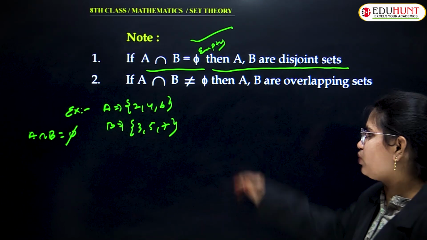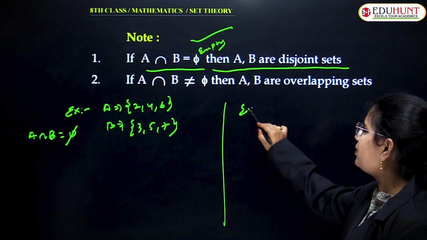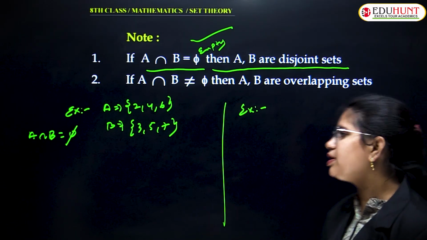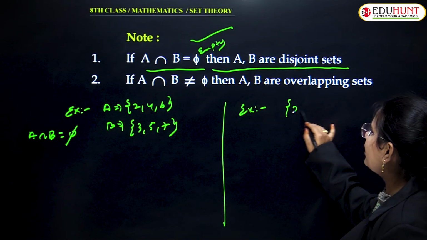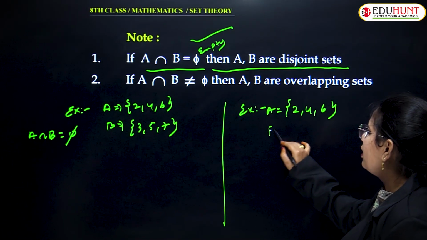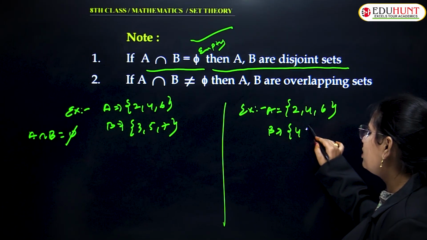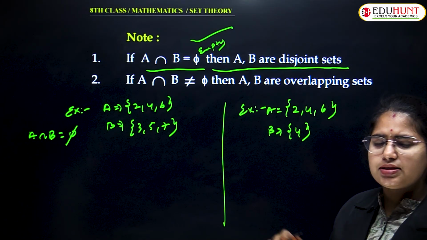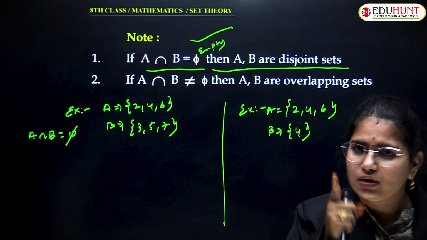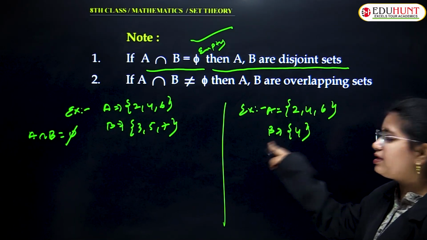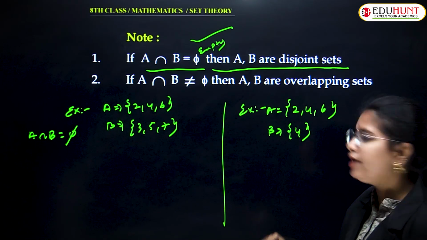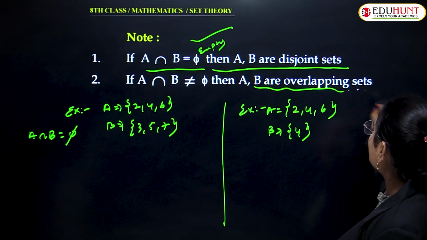Okay? Next one. For the next note, if A intersection B is not equal to empty set. For suppose this time you are having even numbers 2, 4, 6 and this is set A and B is equal to, let me take, it is not equal to the empty set, that means we found at least one common element, correct? So I am considering such type of B set which is having a common element with A, right? Then A and B are overlapping sets.